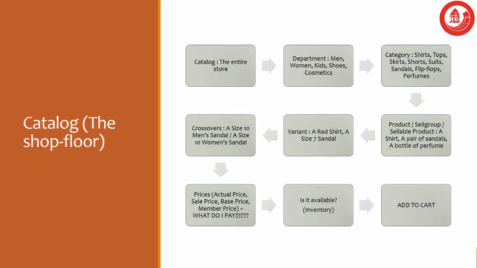So it doesn't matter, as long as you found a shirt worth say 500 rupees or 1,000 rupees or 1,500 rupees, it doesn't matter whether you buy a red shirt or blue shirt or white shirt or black shirt. The price is going to remain the same unless there is a huge difference in sizes, and that's how the business wants to price the shirts, or you choose a different fabric and that could change the price.